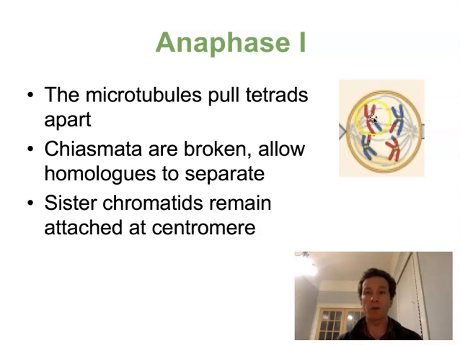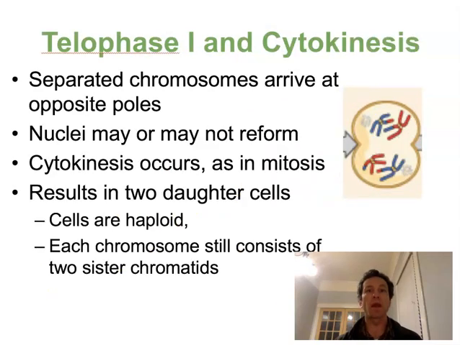So one homolog will be pulled in one direction, the other homolog is pulled in the other direction. And the chiasmata, those points of crossing over, are broken, which is what allows this separation to occur. So sister chromatids are still attached, but homologs are now separate. That is anaphase I.